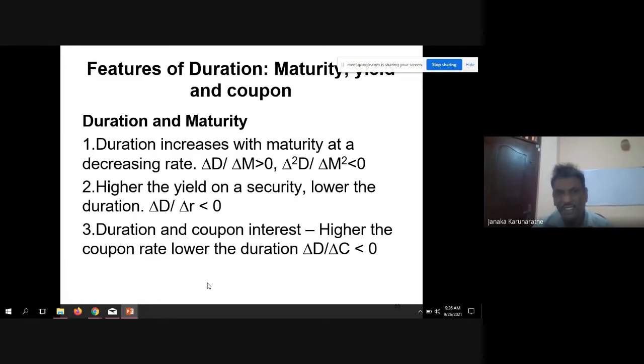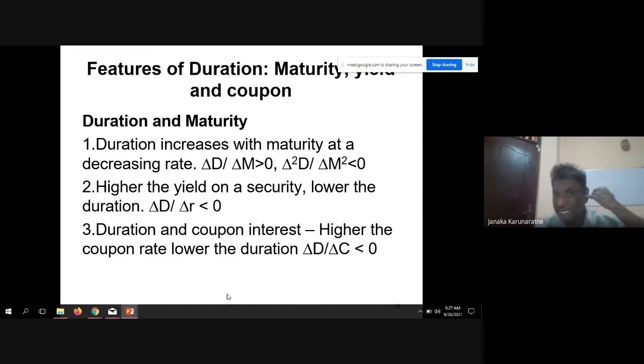Maturity is 10 years, maturity is 15 years, duration also increases similarly, but for longer term maturity, the increase in duration is slower. Duration will not increase at the same speed as maturity.